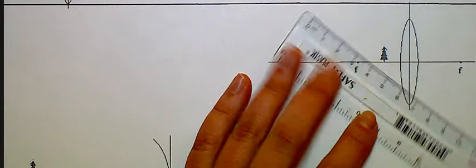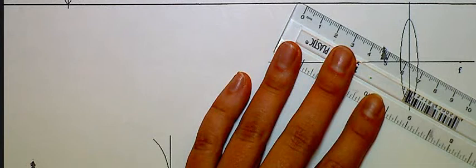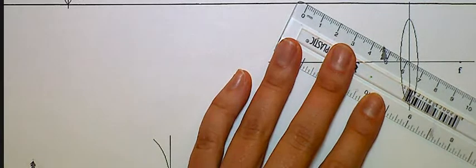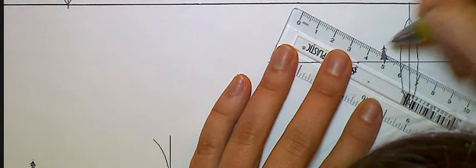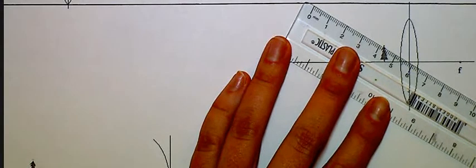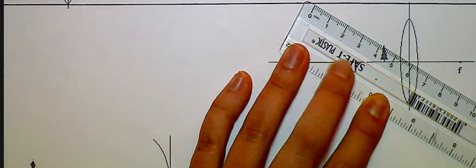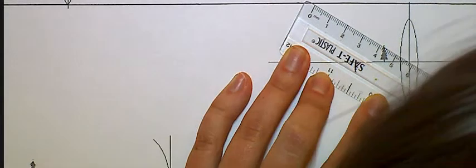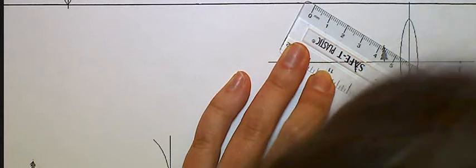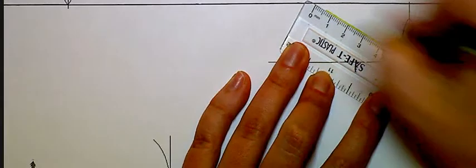Okay, so the first one goes right through the center, and I'm going to use the star right here at the top of the tree, at the top of my object. There we go.